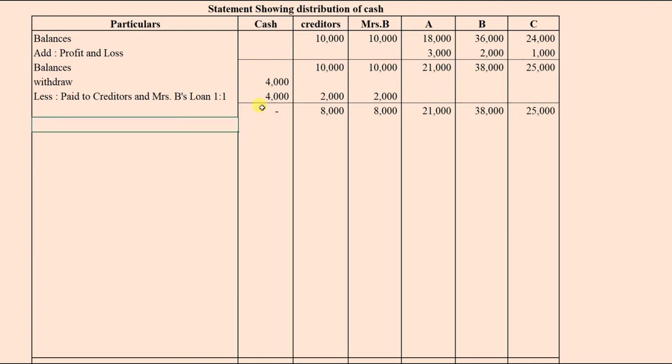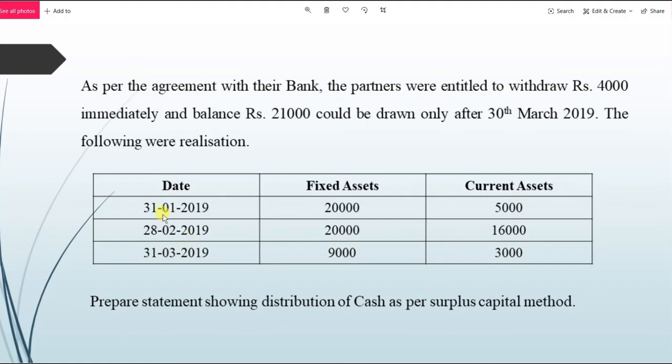So now there is no cash balance, so we will take the first installment. So on 31st January 2019 the first realization was made. Fixed asset 20,000 and current asset 5,000.